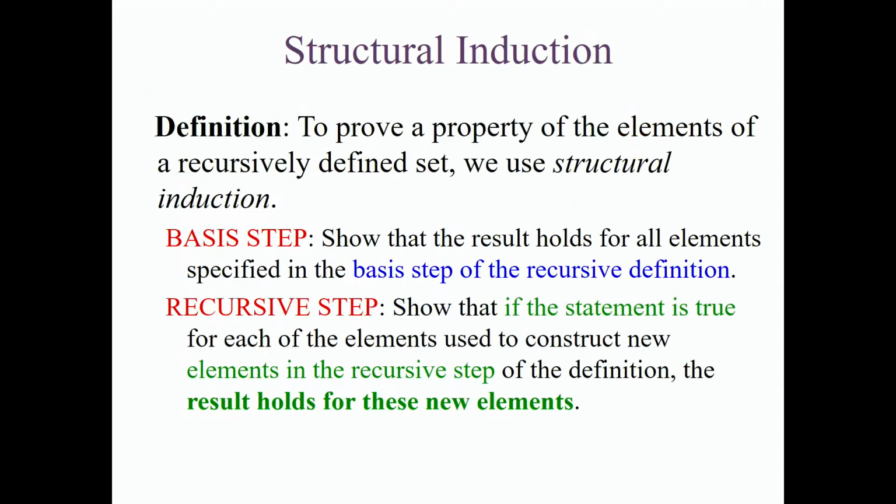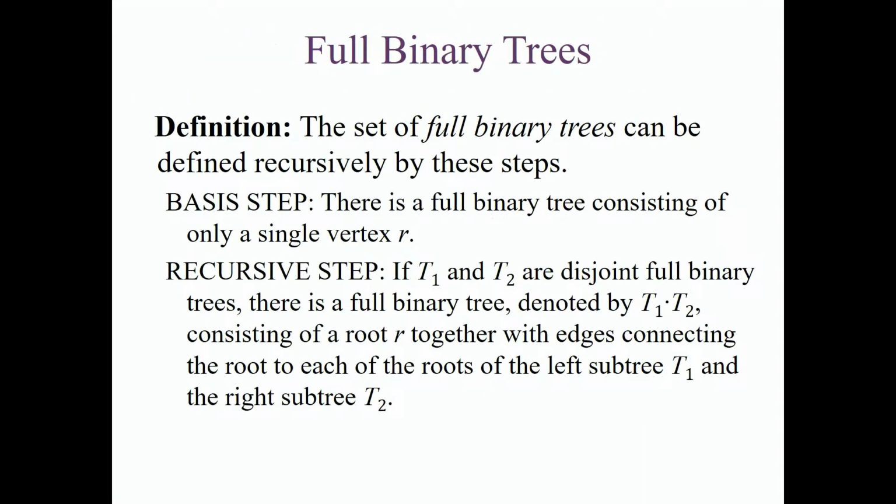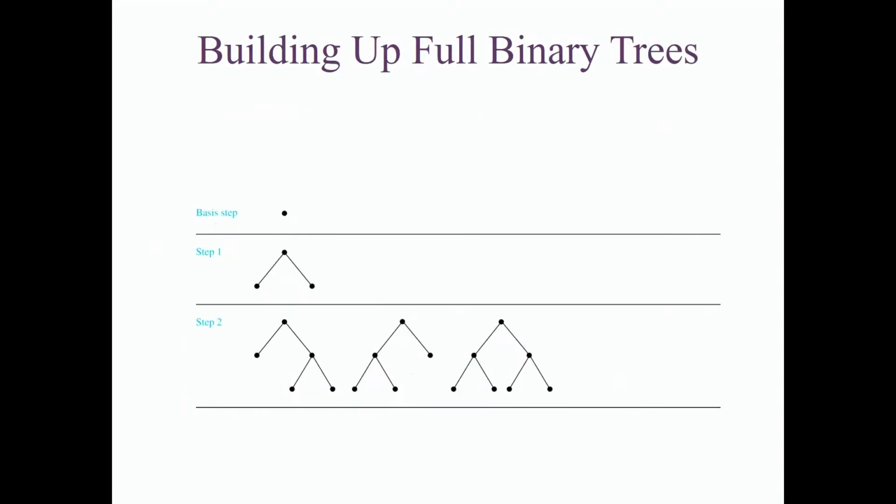If you remember the definition of a full binary tree, for the basic step we have only one single vertex R. So we need to verify that with only one single vertex R, it follows the property n of T is less than or equal to 2 to the power of h of T plus 1, minus 1. Let's verify the first step, whether this single vertex R follows that property.